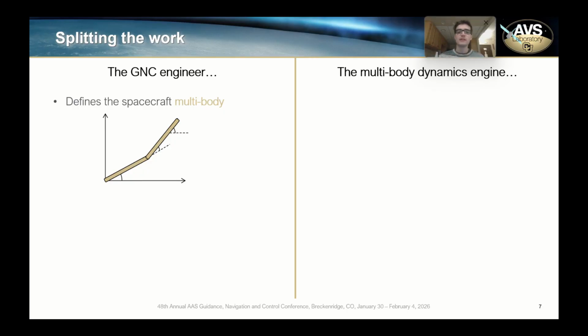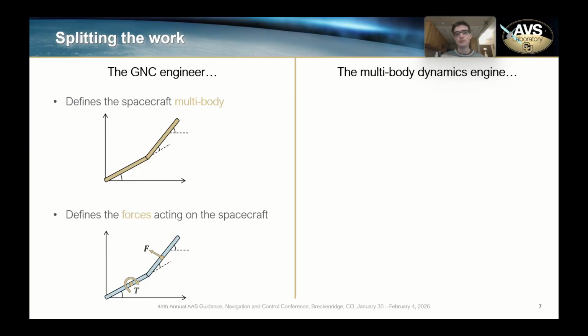This is the definition of your spacecraft. And you're also defining the forces that act on the spacecraft, which is not only the environment model, so the gravity or the drag, but also basically the whole GN&C loop, right? Because eventually all the GN&C is going to create some control force or torque on your system.